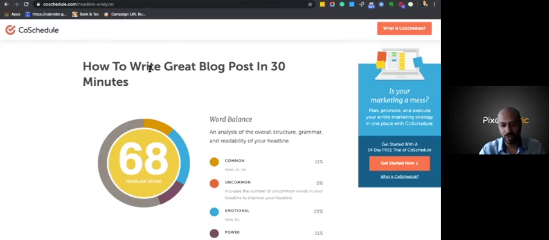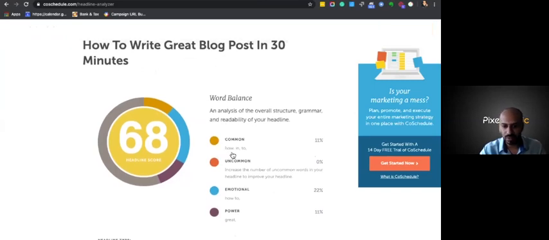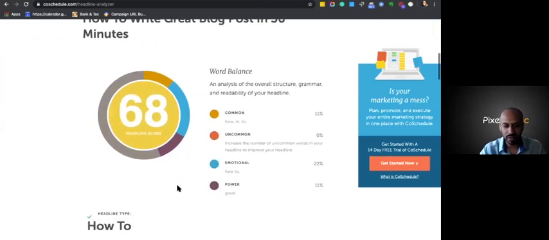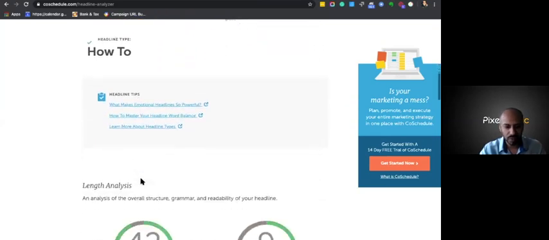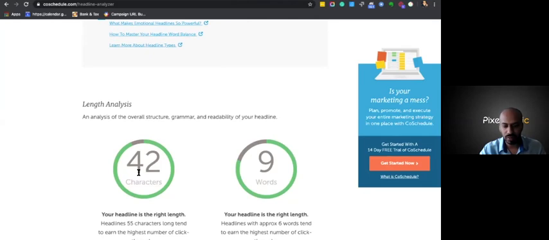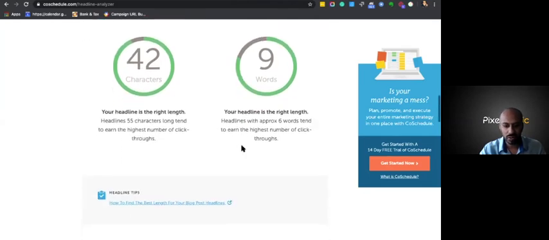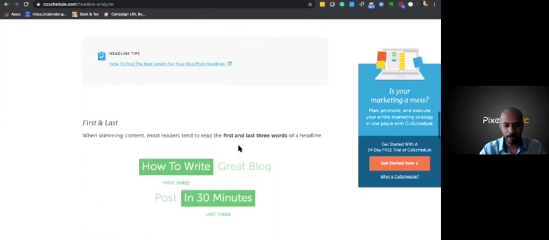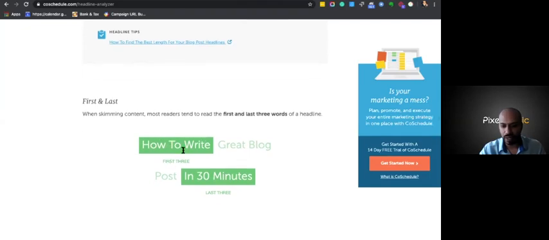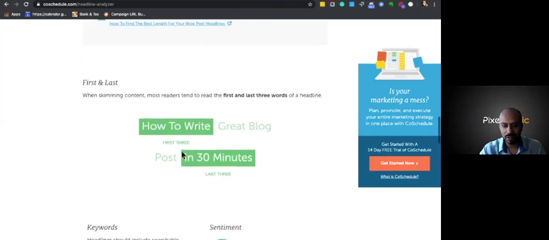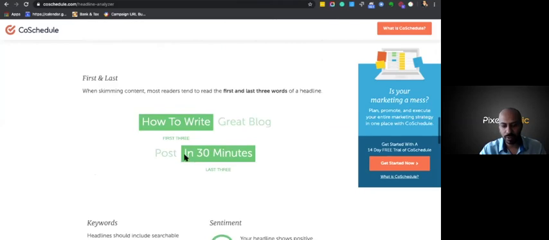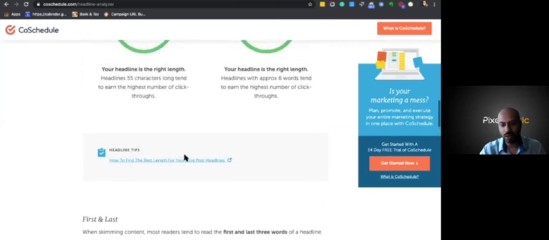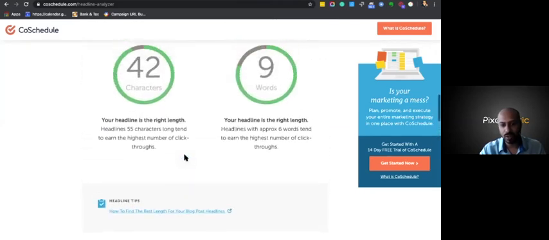I am putting in a headline. I'm getting feedback saying, okay, this headline has these few things that are done right. It's telling me what kind of headline it is. They're giving me some more tips. They're giving me an analysis saying this is the number of characters, this is the number of words, right? So they're identifying patterns in the headline. I'm getting feedback from a tool on how good my headline is and also how I can improve it.